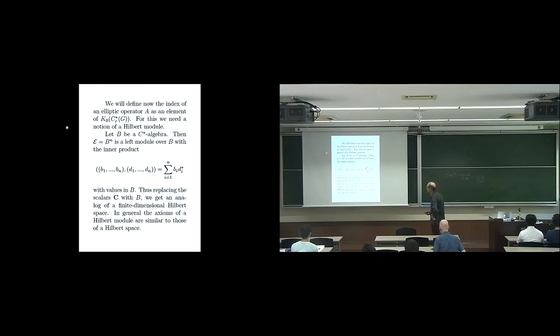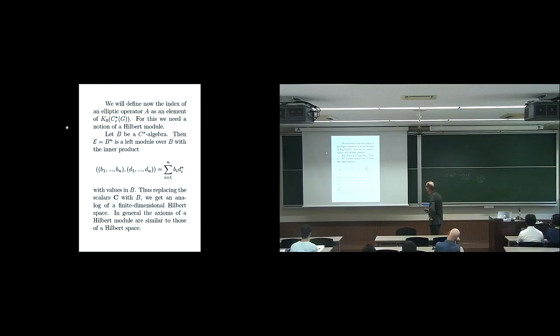Okay, now we need a certain tool which is called a Hilbert module. If B is a C*-algebra, then let's consider this example. We take sequences of elements of B of length n, and we take this product, which is called an inner product.